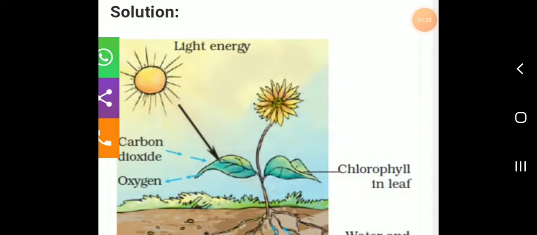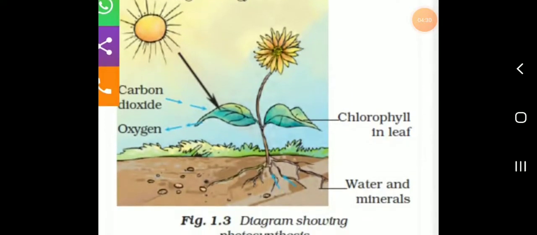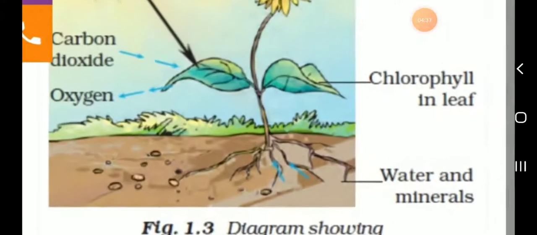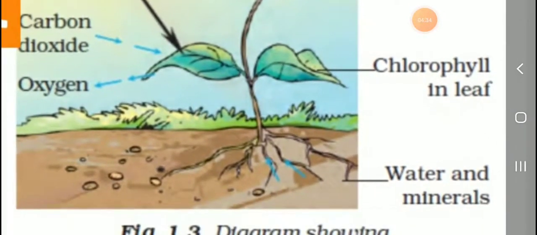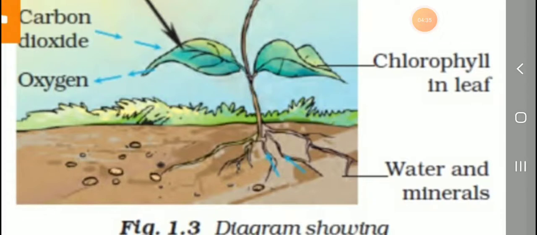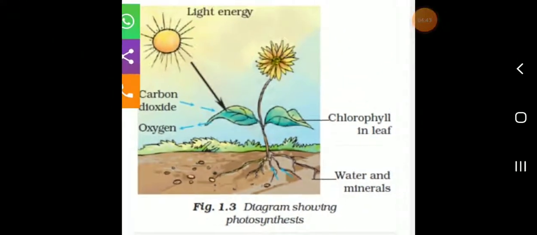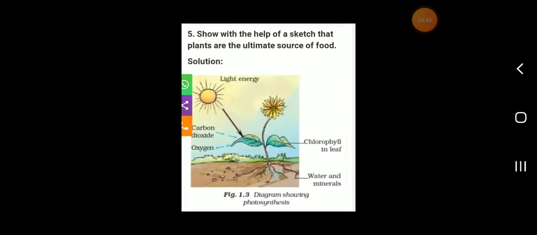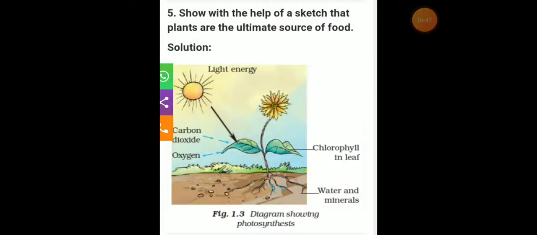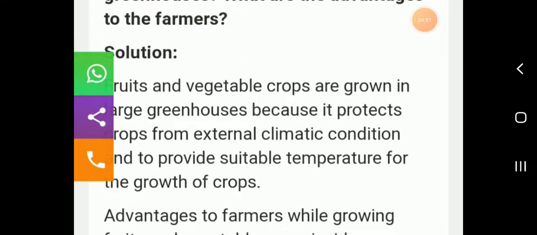Light energy, carbon dioxide, oxygen. The leaf contains the pigment chlorophyll, so the leaf is green in color. The root conducts water and minerals. Practice this photosynthesis diagram, students.